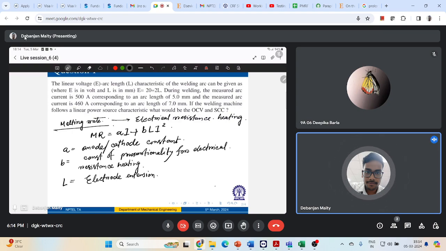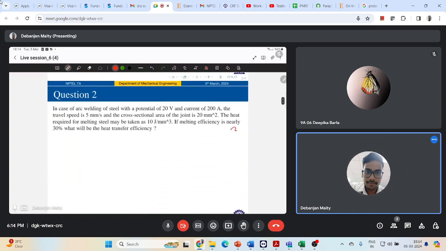Now, how can you define electrode extension? Let us say you are doing some arc welding, such as shielded metal arc welding. You will have the feeding of your electrode like this, and there will be a tube here and shielding as protection.